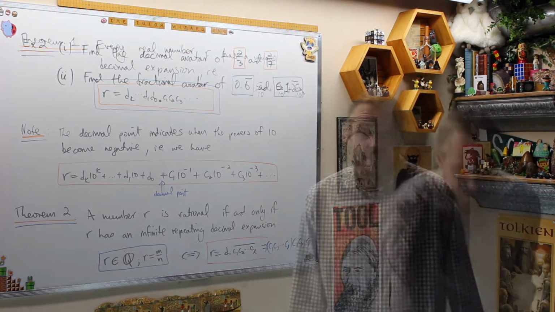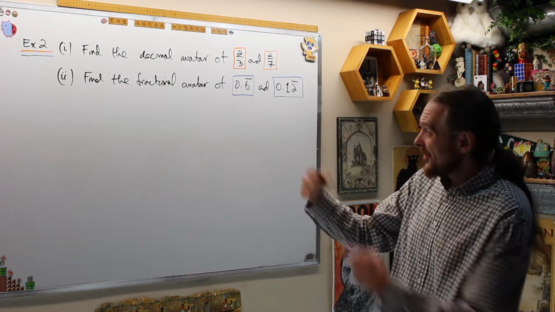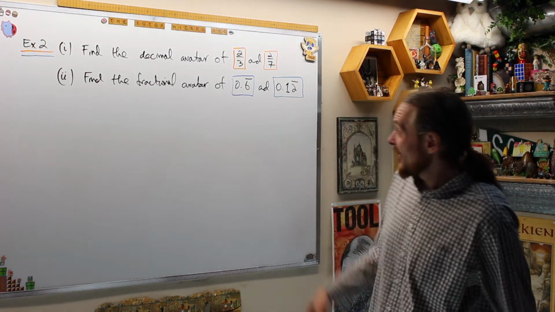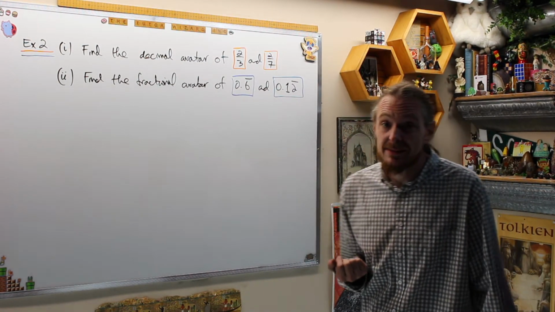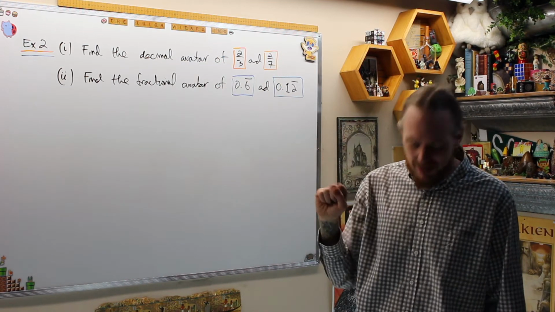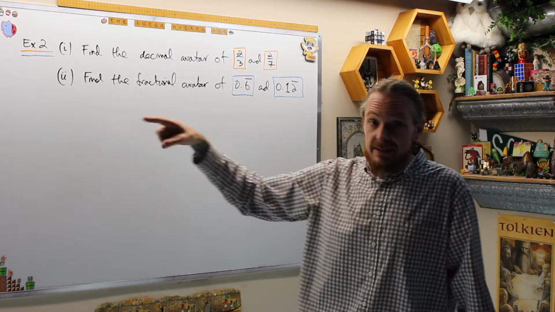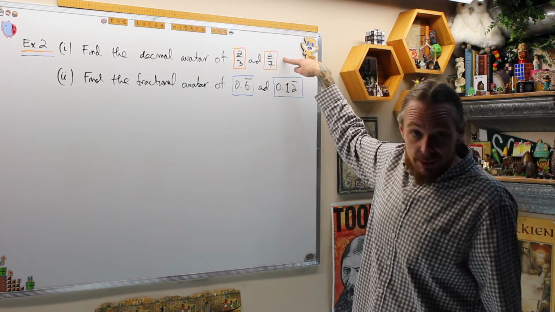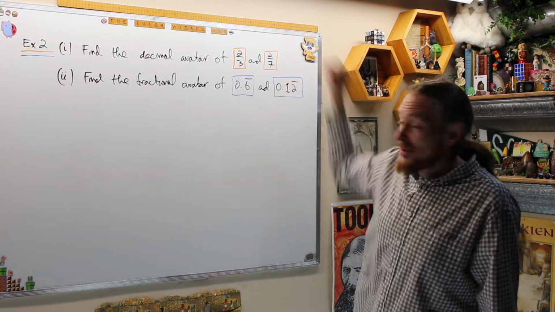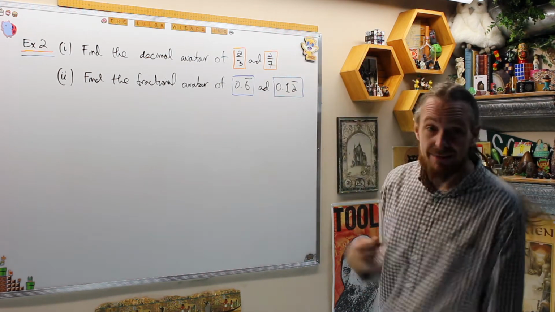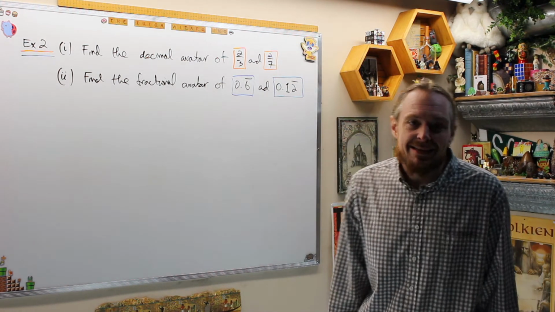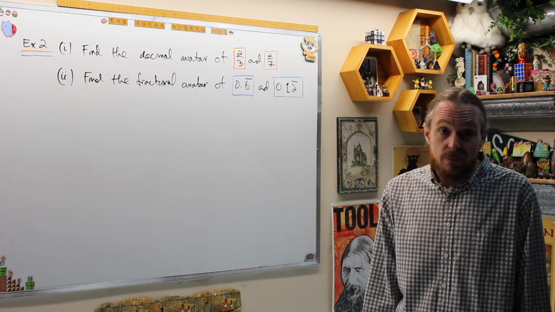Let's do an example. Example 2 is going to go back and forth between rational numbers and their two types of avatars. Basically, we're proving theorem 2 without doing the rigorous indices horrible nightmare. If I have rational numbers, which are the ratio of two integers, so I have 2/3 and 2/7, why is it that there must be a repeating decimal expansion for those guys?